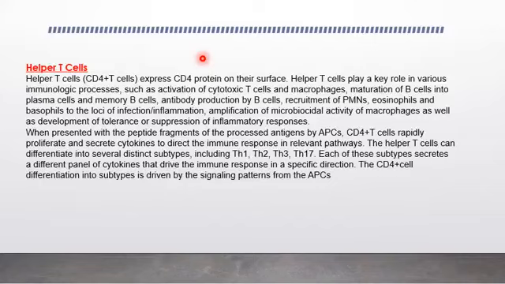T helper cells assist other leukocytes in immunological processes, including maturation of B cells into plasma cells, memory T cells, and activating the cytotoxic T cells and macrophages. The T helper cell expresses the marker CD4, but the cytotoxic T cell expresses CD8. That is very important to know.